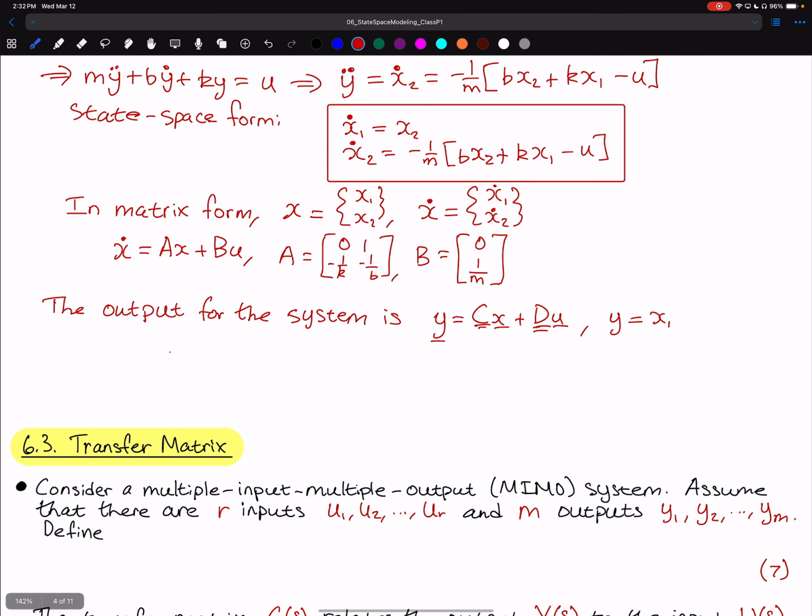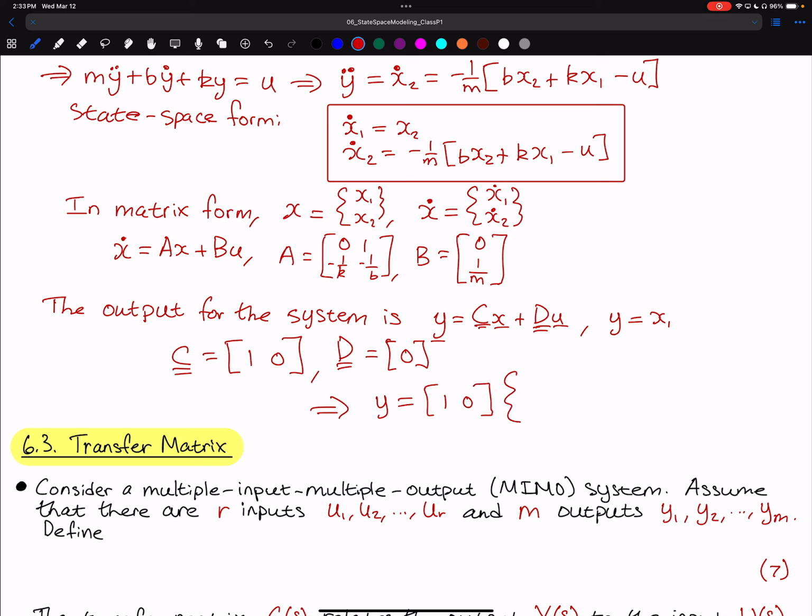So from inspection, the matrix C must be 1, 0, and the matrix D must be equal to, well, it's just 0. Such that y is equal to 1, 0, multiplied by the state vector of x1, x2.